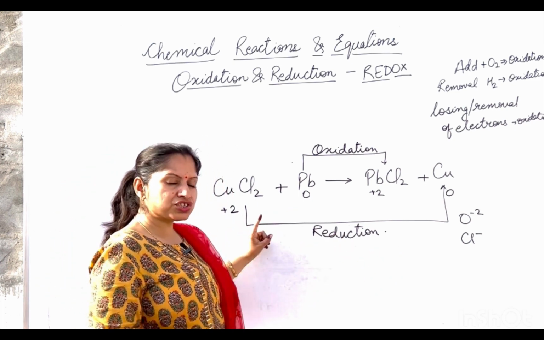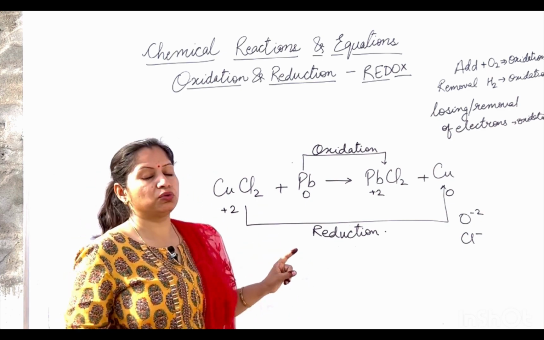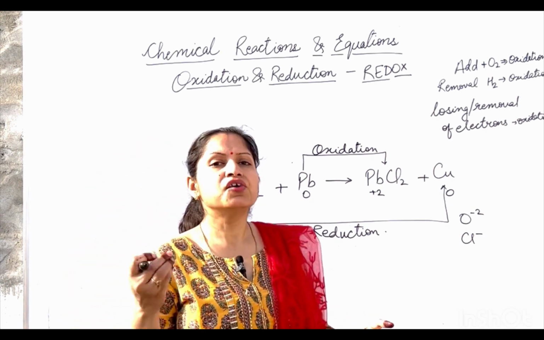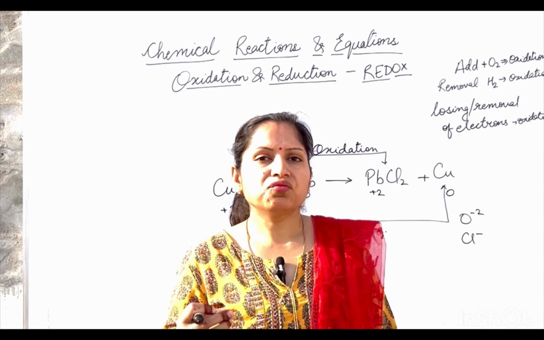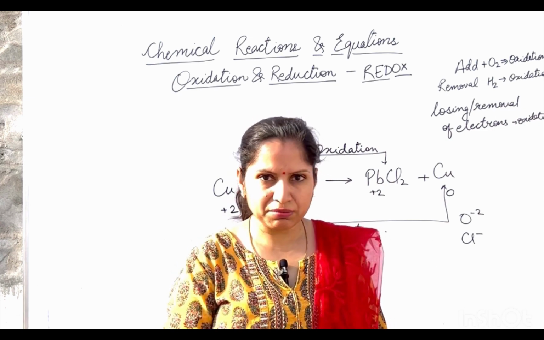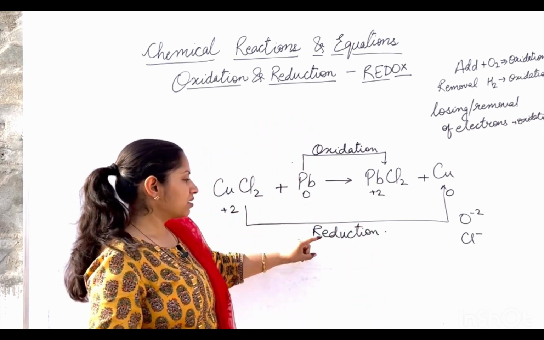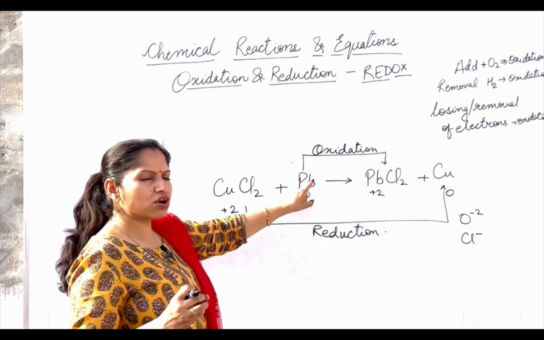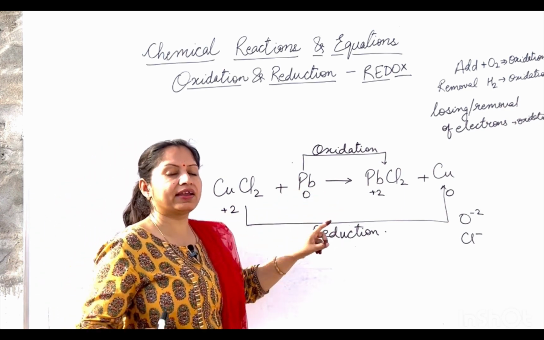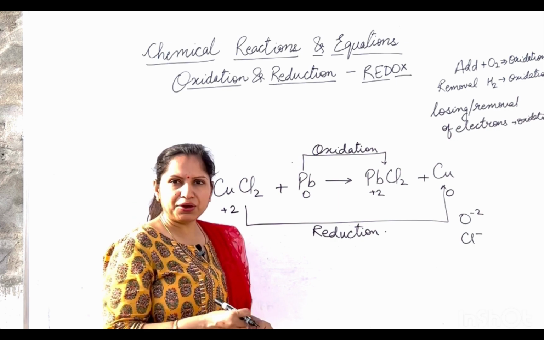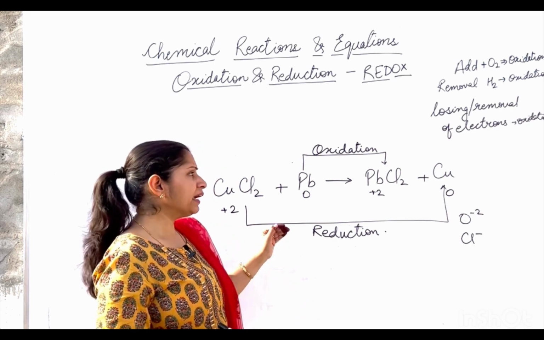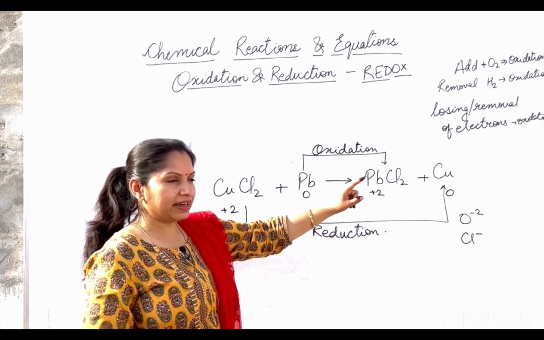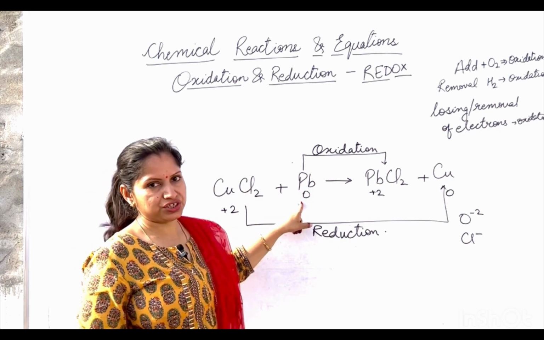So removal of oxygen, removal of chlorine, removal of iodine, bromine, fluorine, removal of any electronegative element is reduction, and gaining of oxygen, gaining of chlorine, gaining of bromine, iodine, fluorine, gaining of any electronegative element is oxidation.